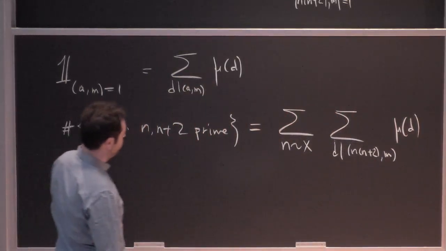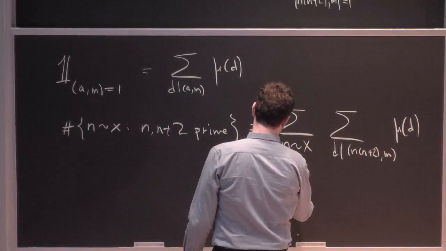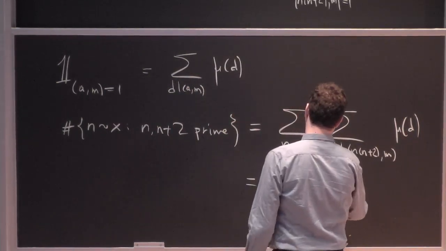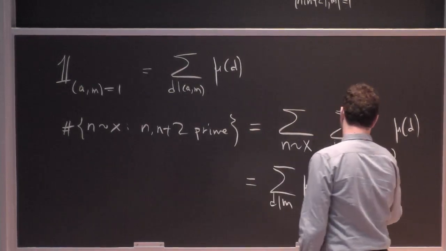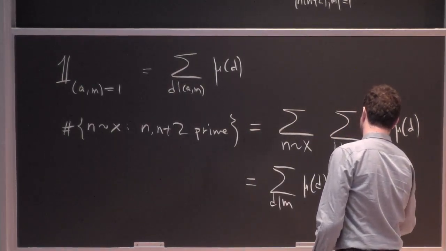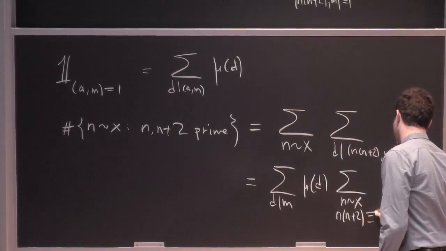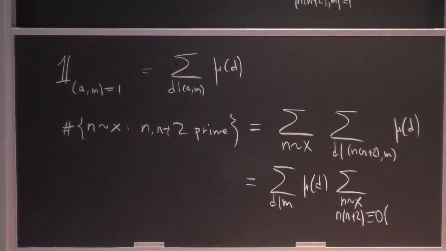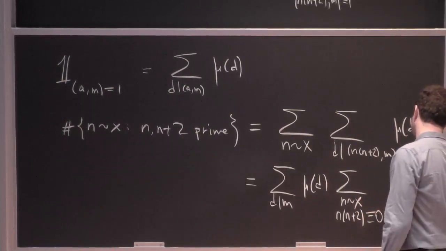And then I'm going to switch the order of summation naturally. So inside we have the number of integers n in the dyadic interval x up to 2x, such that n times n plus 2 is 0 mod d.